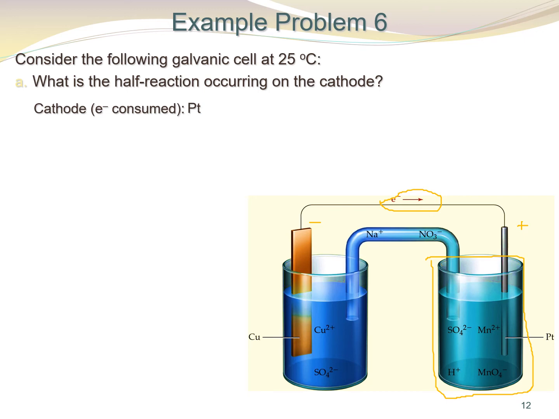All right, so there are 4 species, as you can see: sulfate, proton, permanganate, and Mn2+. The type of reaction that occurred in this cathode chamber must be the reduction, because reduction is not a vowel, right? So not starting with a vowel. So there must be a reaction going on at the cathode.